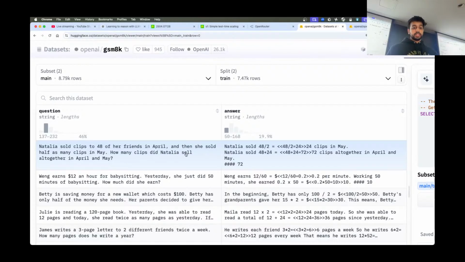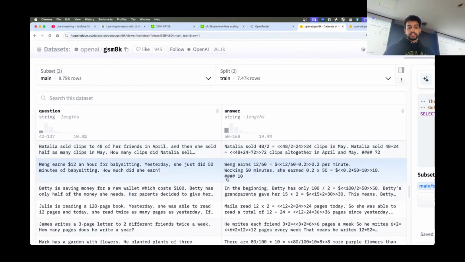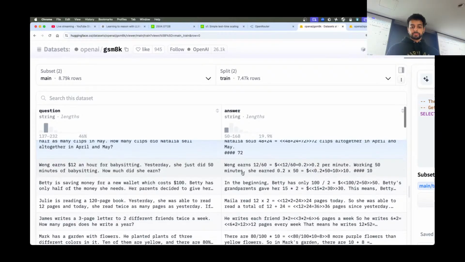How many clips did she sell in April and May? So very basic algebra. And there's actually an answer which includes some sort of chain of thought, like this is how many clips she sold in May, this is how many she sold in April and May. Here's the final answer after these four pound signs.